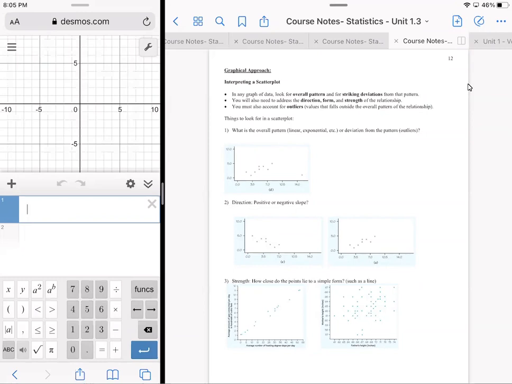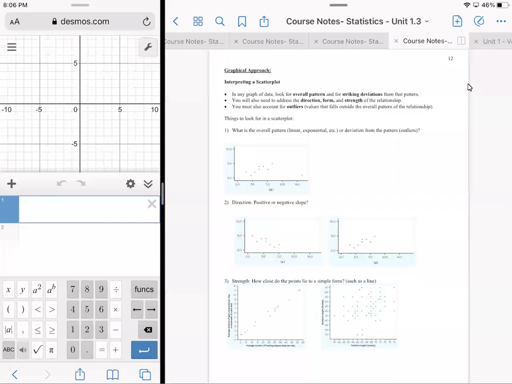We call those striking deviations from the pattern, right? Any striking deviations could be considered an outlier. And an outlier, in its most basic sense, is a term that defines itself because it lies outside of the overall trend of the data.